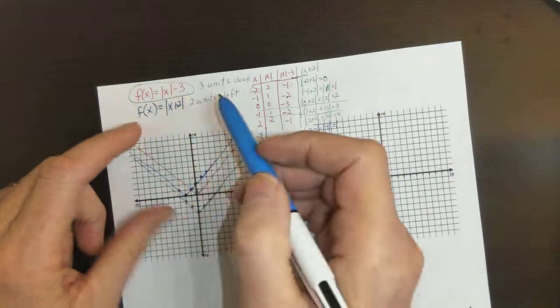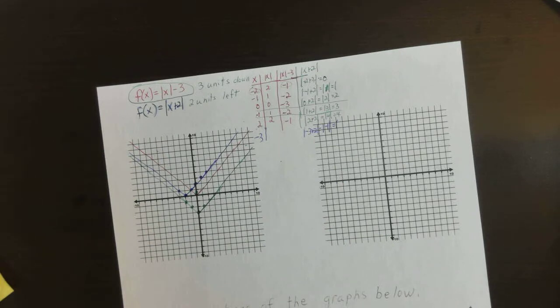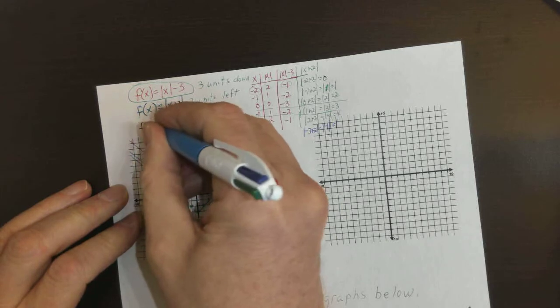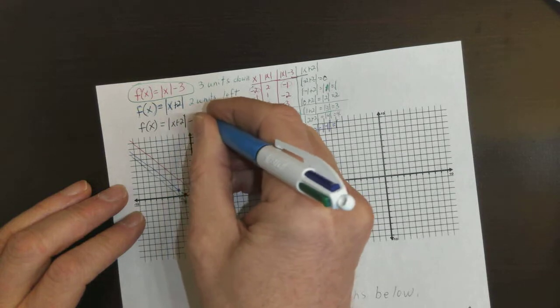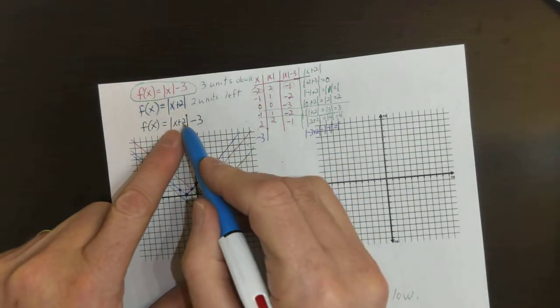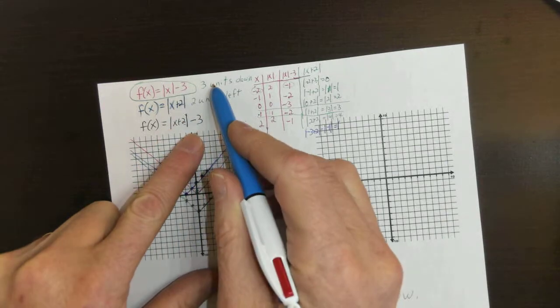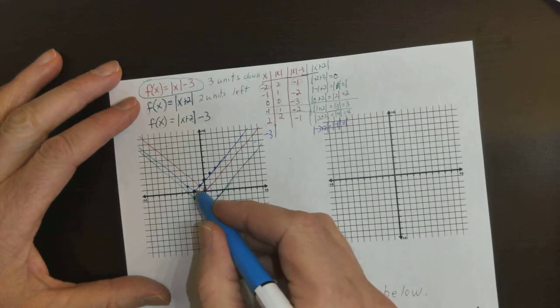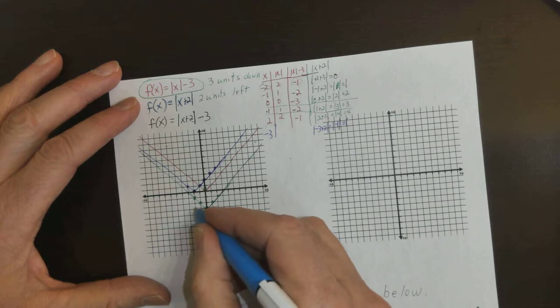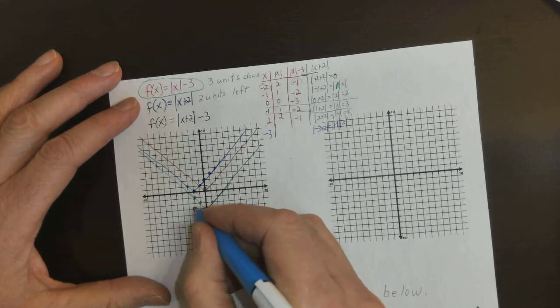Okay? And then if I were going to graph, let's go black here, f of x equals the absolute value of x plus 2 minus 3, I would slide 2 units left like this one does, and I would slide 3 units down. So 2 units left, and 3 units down, 1, 2, 3. Here's my bending point for that.